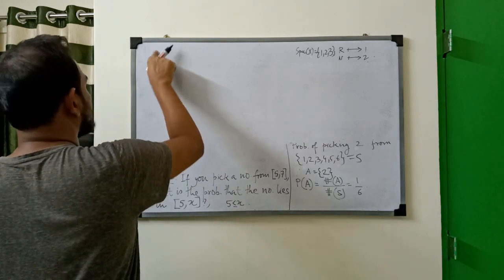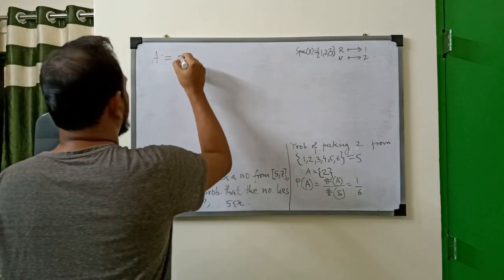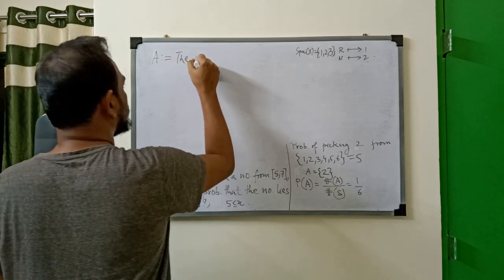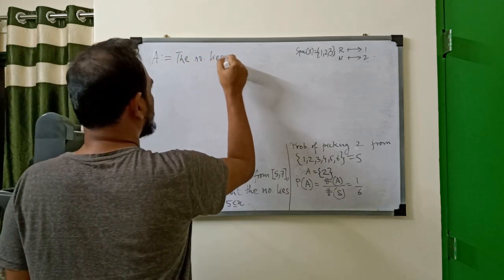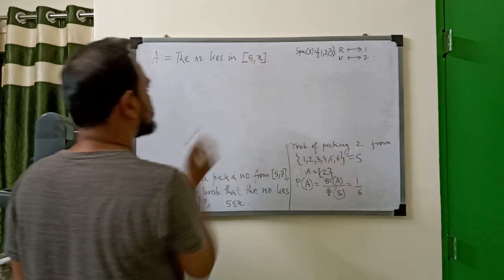So let's write down. To answer this question, let's say A is the event that the number lies in 5 and x.